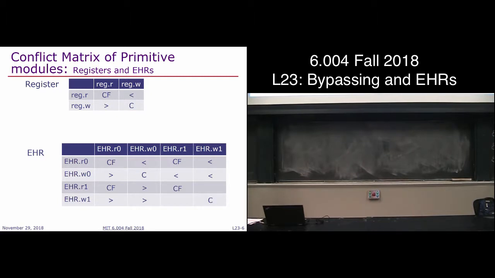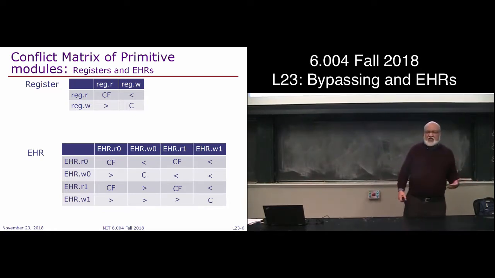This is obvious that R1s are conflict free, and two people writing into W1s will definitely be a conflict. It's the same double use of a port, never allowed, and you can argue out what this entry should be. Given that diagram and your understanding, you should be able to fill this out.